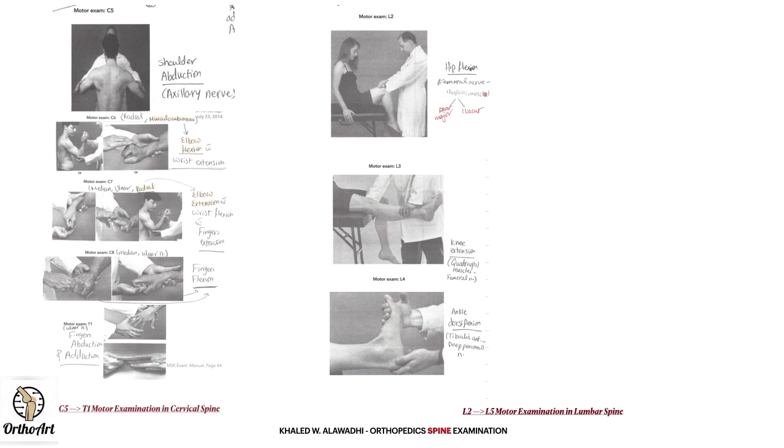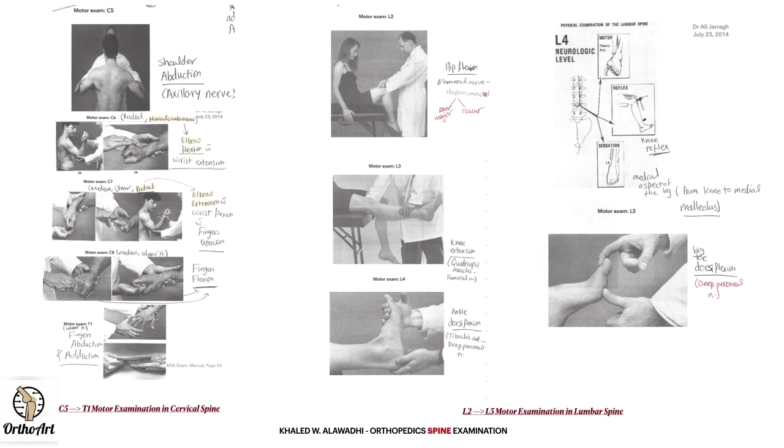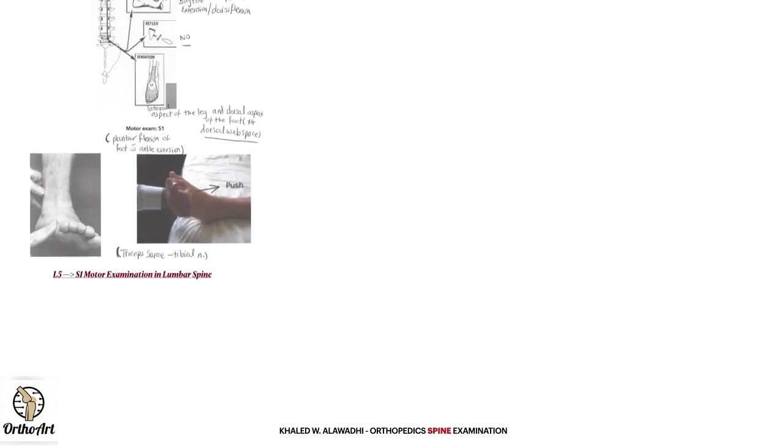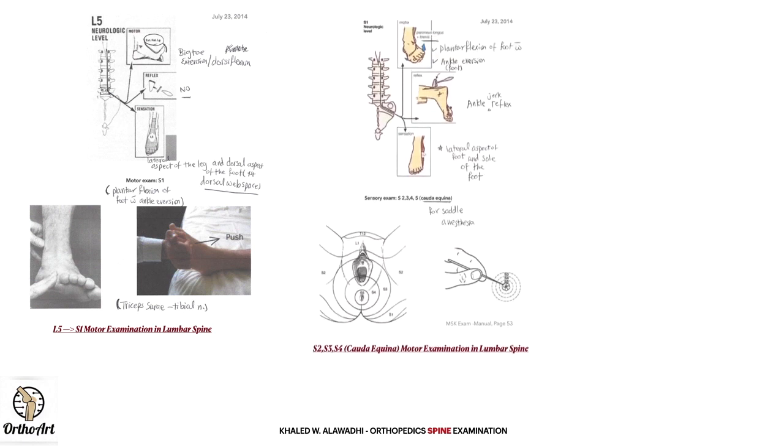So this is the cervical region. The middle is the lumbar region, and on the right is also the lumbar region. Then they have the L5, the continuation with the S1, the S1 neurological level, and you have S2, S3, S4, S5, which is now important. So you have to check the cauda equina motor examination, lumbar examination.